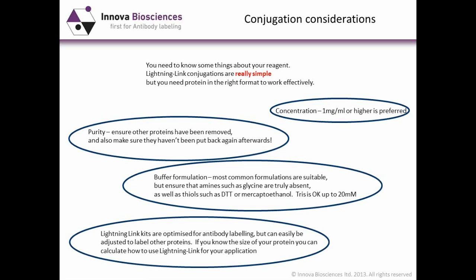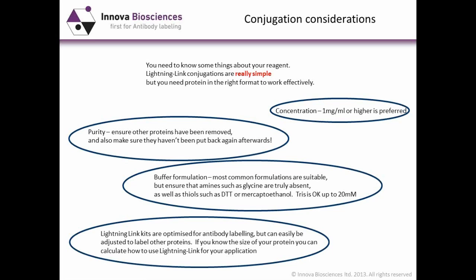It's best to have your antibody at a concentration of 1 milligram per mil, and it's also very important to make sure that your antibody is pure, i.e. that any other proteins have been removed from the antibody before you go ahead with the conjugation. Also make sure that protein-based stabilizers haven't been added back. One of the most common is bovine albumin, which is used by many commercial antibody companies as a stabilizer. And please make sure that that hasn't been added back into your antibody preparation.